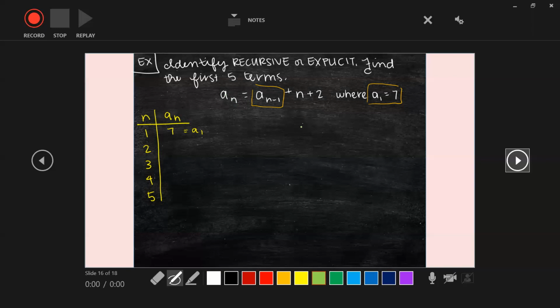That's a mouthful. If we're looking for a sub 2, then that's a sub 2 minus 1 plus what? Our n was 2, plus another 2. So that's going to be a sub 1 plus 4. Our a sub 1 was 7. And so the next term is going to be 11. So I'm going to put 11 here.